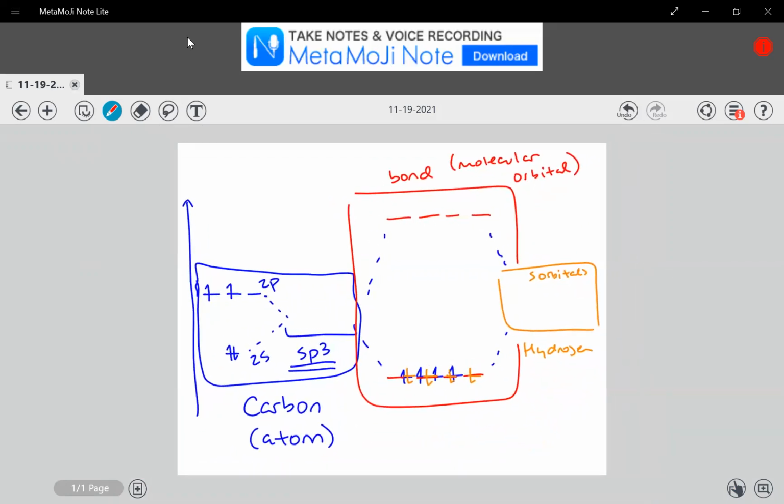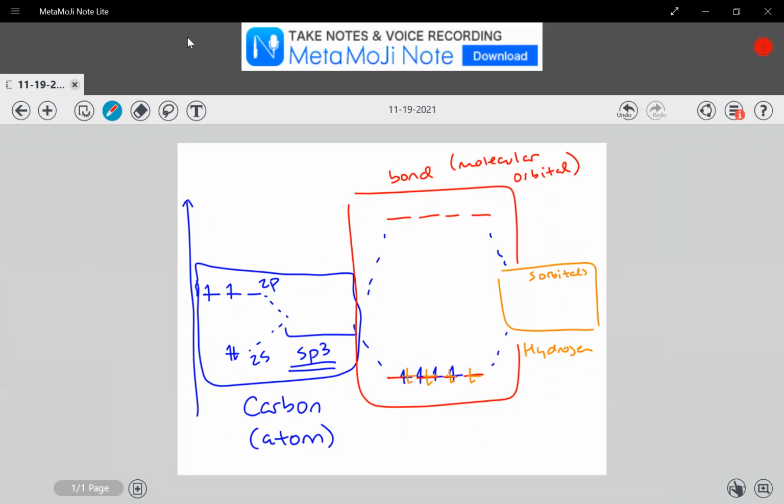The sp3 hybrid orbitals combined with the s orbitals form a molecular orbital here, and they go into the lower energy level. That's it. Electrons will always go into the lower energy level, or the energy level that's easier for them to go into.